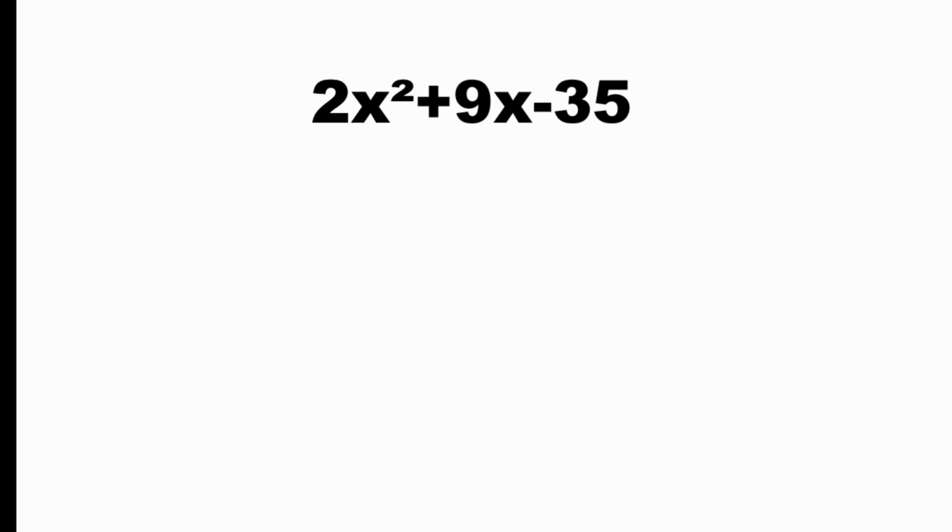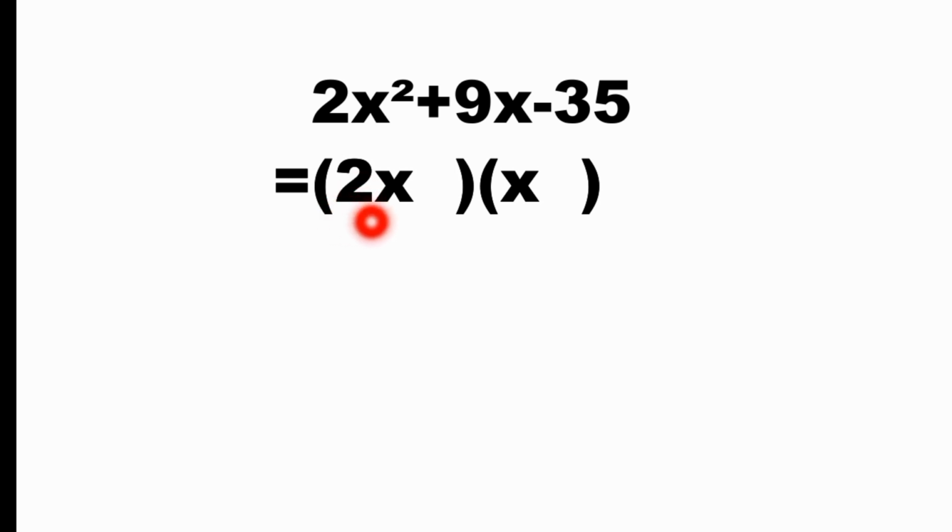Another example, 2x² plus 9x minus 35. The first term, 2x², has a prime coefficient, so the factors are 2x times x. So we have the quantity 2x blank times the quantity x blank. We have to provide the numbers here.